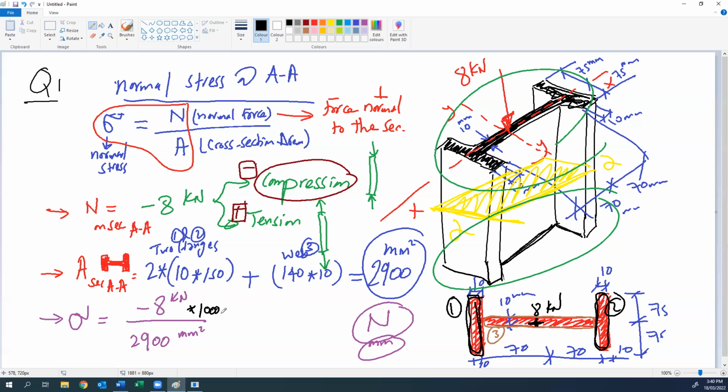Sorry, the area, there is a problem in the area, 10 by 150. Okay, I forgot the 2. This number just needs to be adjusted. This number is 4400.